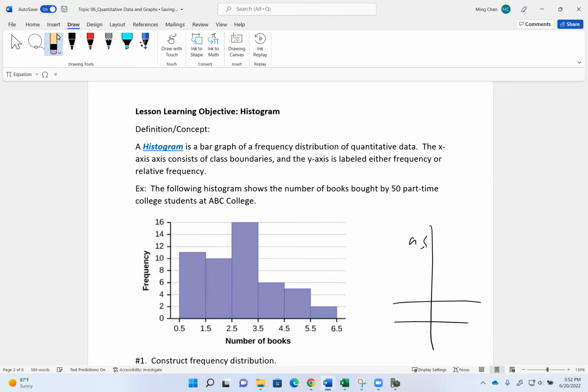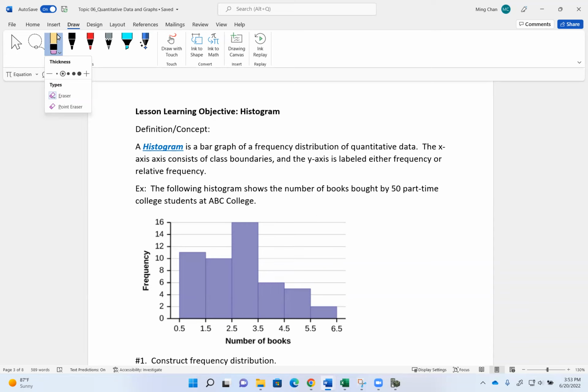The x-axis consists of class boundaries. That's why I showed you that word called class boundary. The y-axis can either be labeled as frequency or relative frequency. So some of those words that we learned from topic number 5 are actually used for histograms.